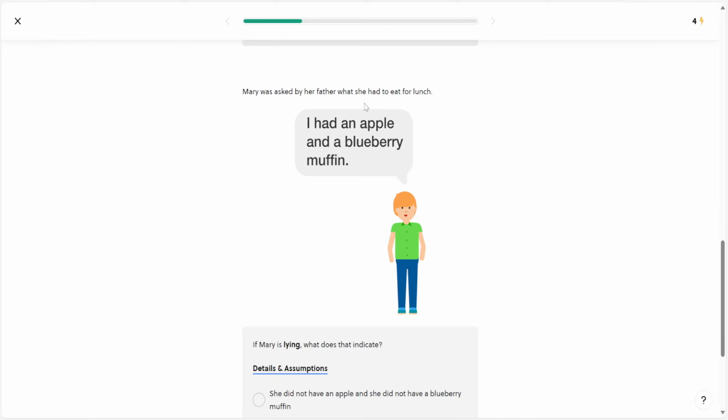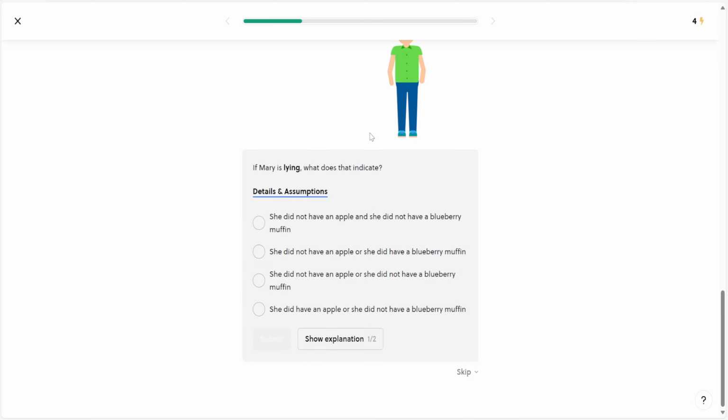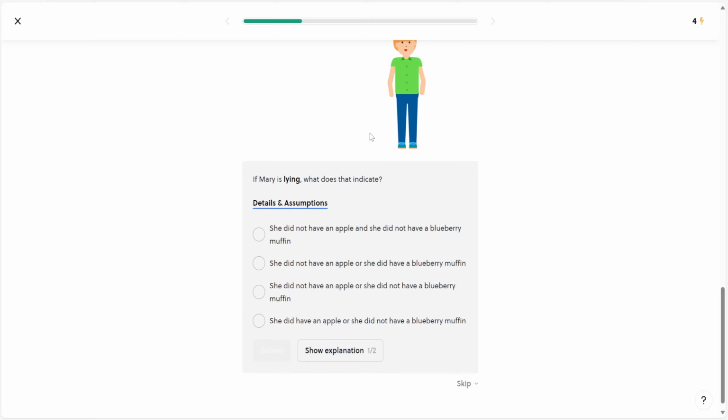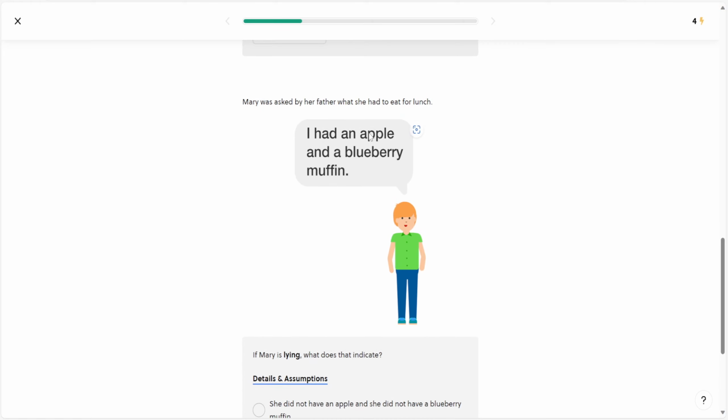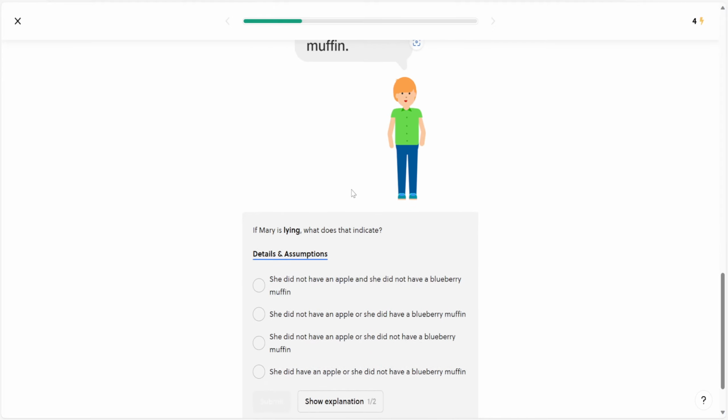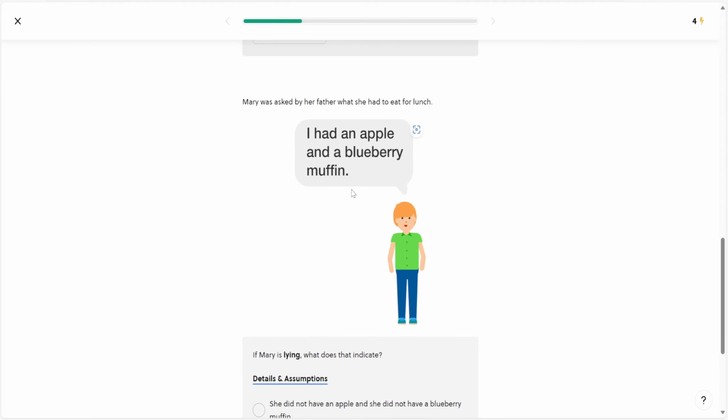Mary was asked by her father what she had to eat for lunch. I had an apple and a blueberry muffin. If Mary is lying, what does that indicate? So that means she could have had anything.